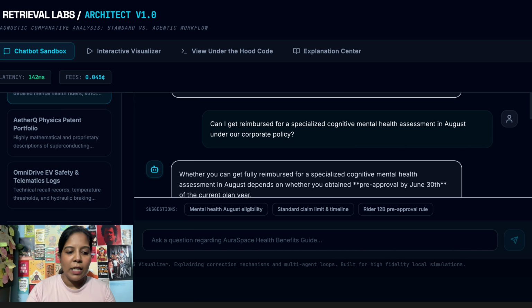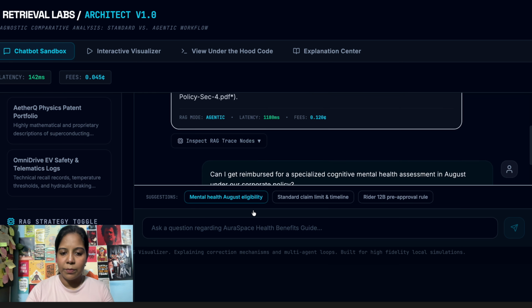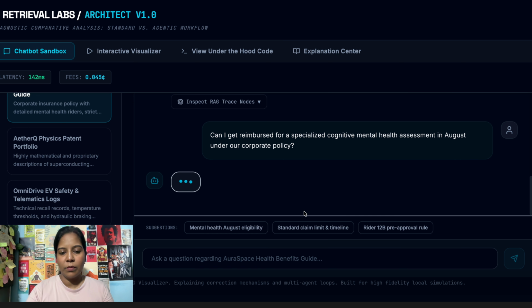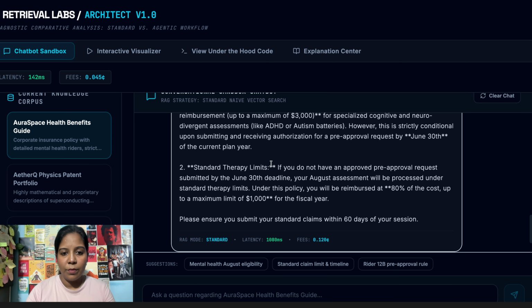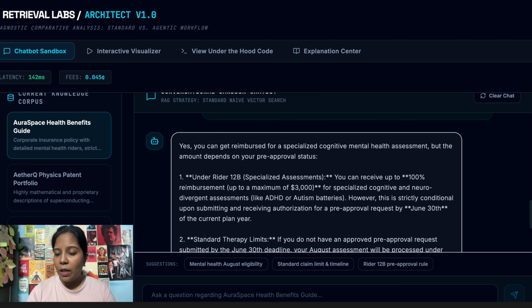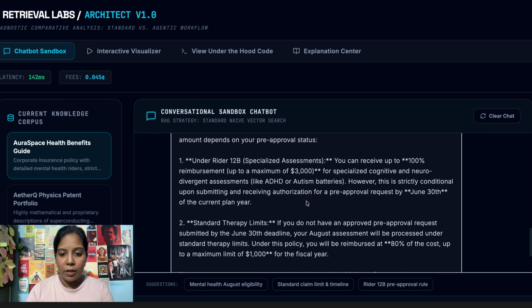When I give the same query to a regular RAG, if you see, the information obtained from the regular RAG is very straightforward, and it didn't give me any detailed information about any of the reimbursement under the specific task that I've given.